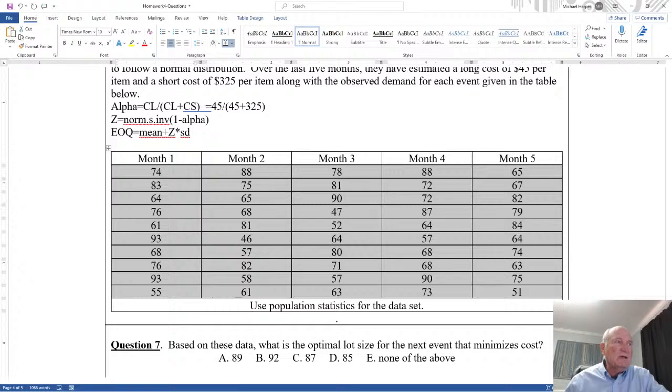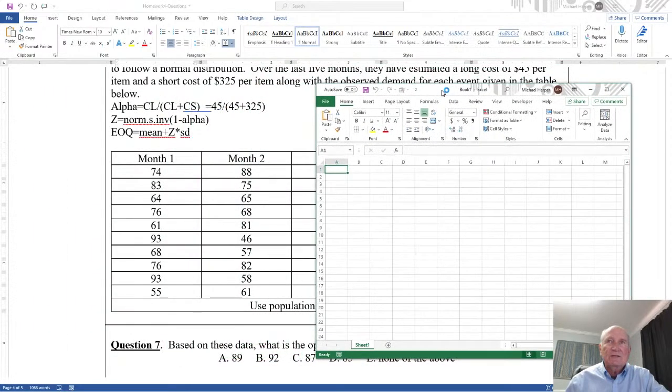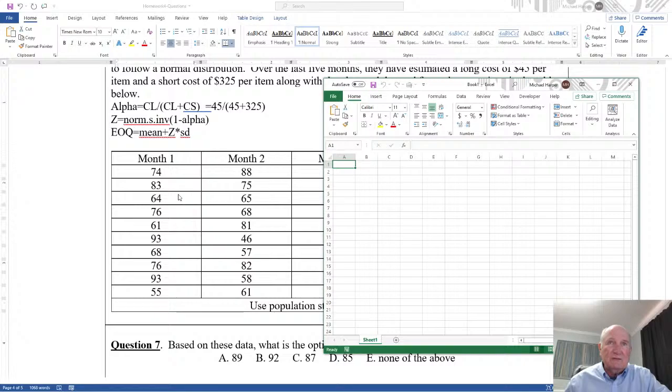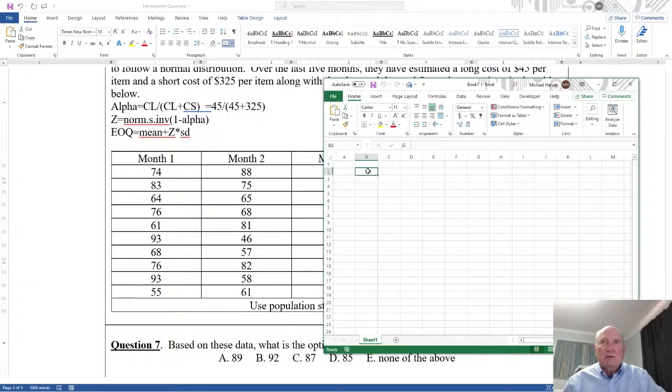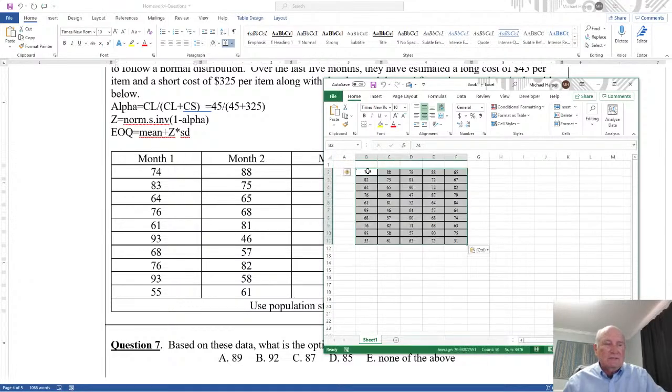So let's bring up Excel, and hopefully everyone is comfortable with this, we've done this enough. I will highlight all of these. Control C to copy. Bring up Excel, and I'll put it right here. Control V to paste.